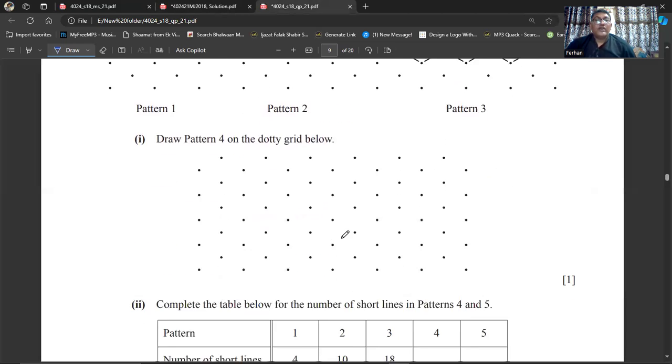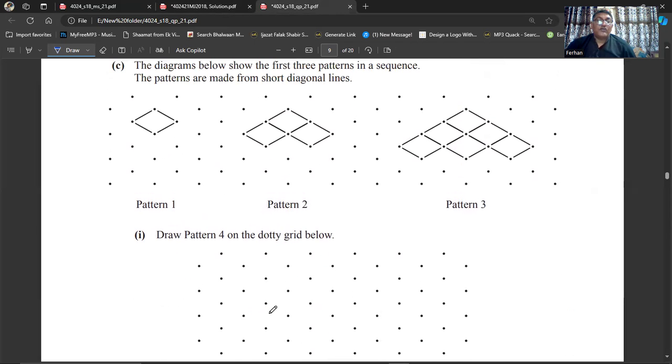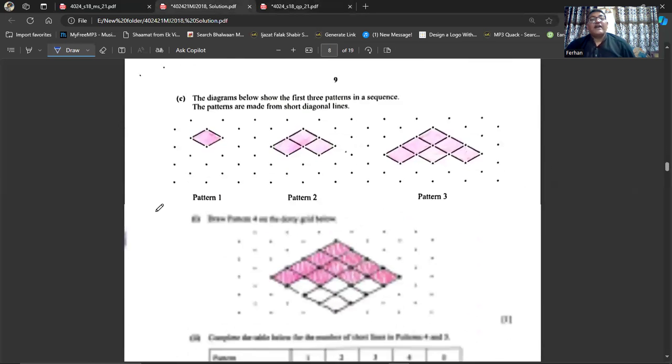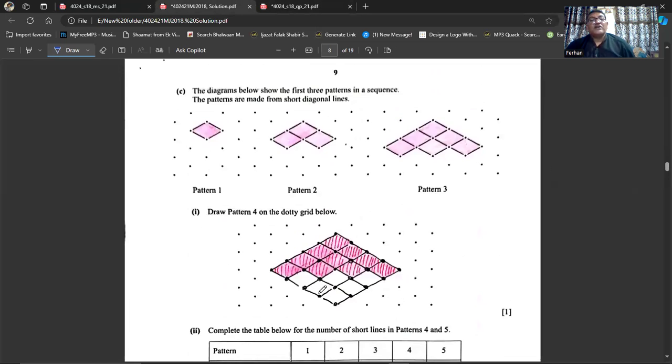What you will do here, you will draw 4 squares, then you will draw 3 squares, then you will draw 2 squares, and then you will draw 1 square. And I have shown it here. So don't bother about these lines, only take interest where we have shaded. I'm talking about only those portions which I have shaded. These lines I made by mistake. So only concentrate on this shaded portion.